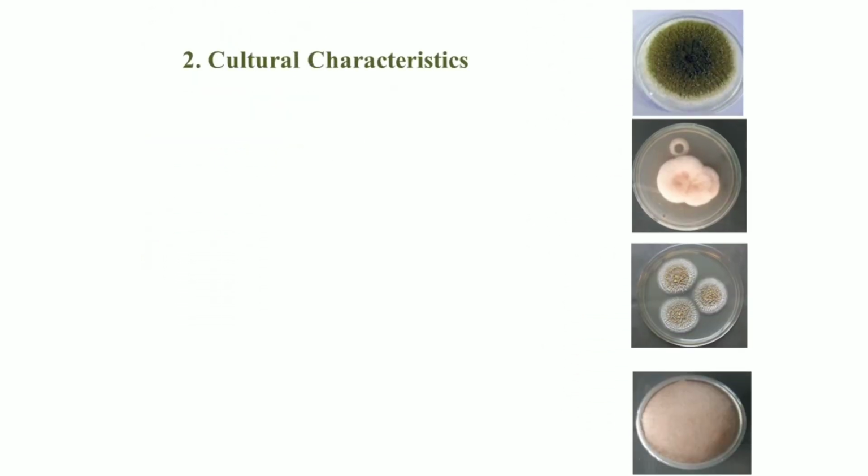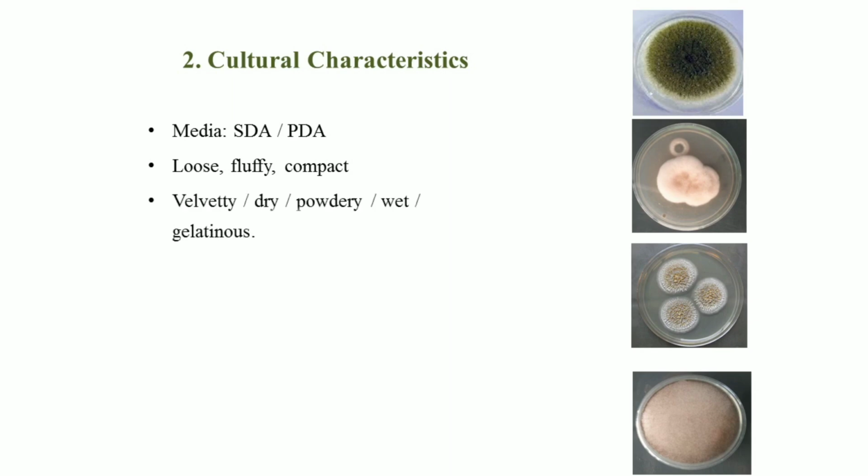Moving on to cultural characteristics. Sabouraud dextrose agar and potato dextrose agar are used as selective media for the cultivation of mold. The growth of mold appears loose and fluffy, while others are compact. Some look velvety on the upper surface, some dry and powdery, others wet or gelatinous.